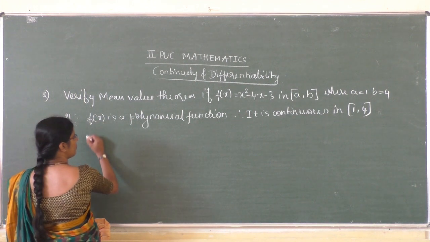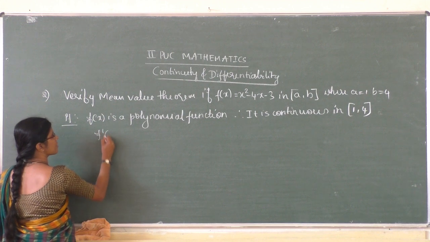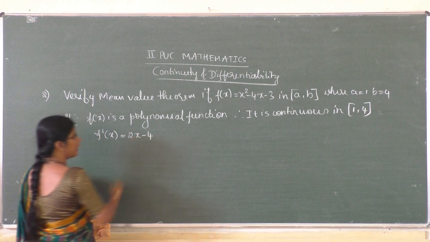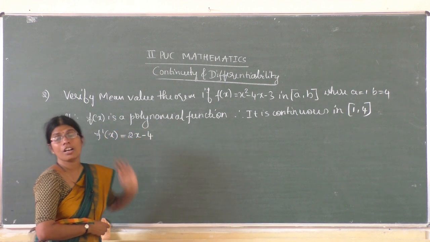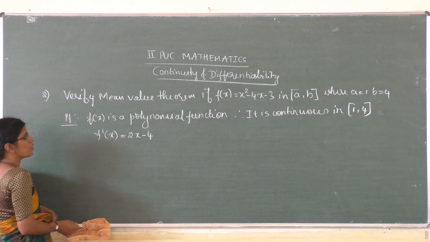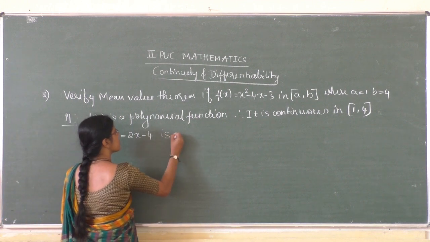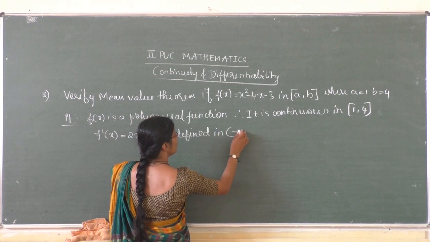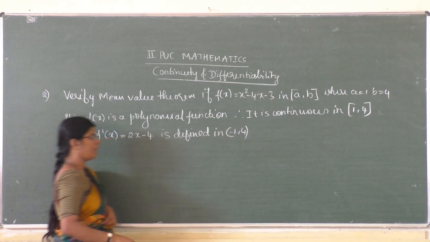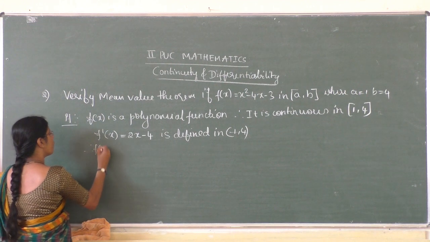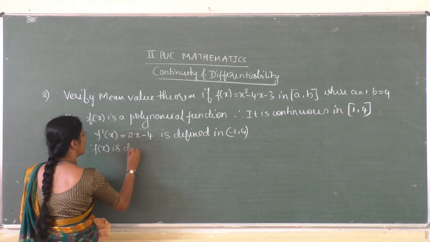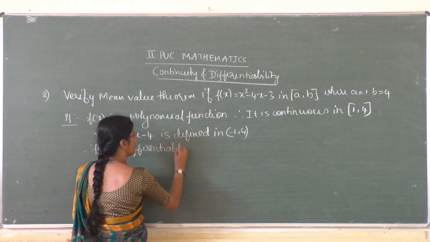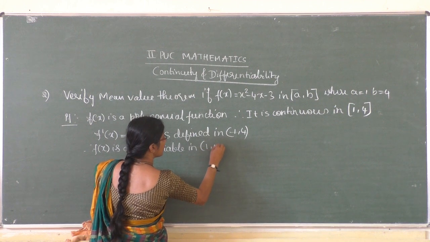Then f dash of x: derivative of x square is 2x, derivative of 4x is 4. So 2x minus 4 is defined in 1 comma 4. Therefore, f of x is differentiable in 1 comma 4.